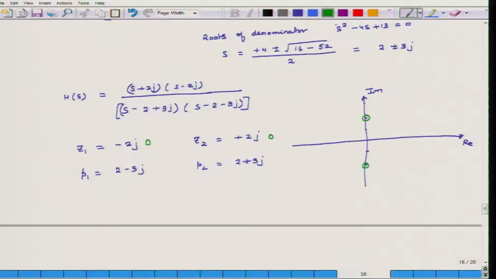Now I am going to plot the roots of the denominator, which are poles: 2 plus or minus 3j. So, this is plus 3j, this is minus 3j.